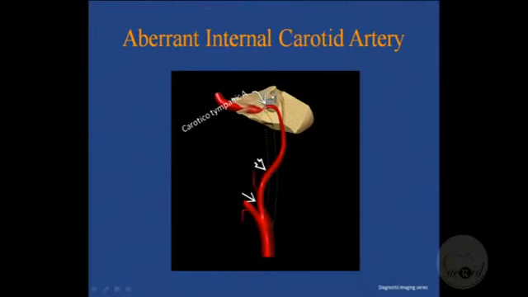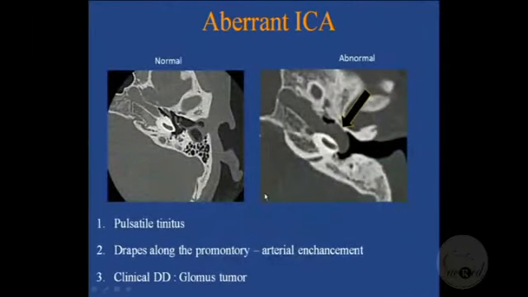That's the carotid canal, which is medial to the basal turn of the cochlea. That's the normal relation. But on the abnormal side, the internal carotid artery goes more laterally and drapes along the basal turn of the cochlea. That's an aberrant ICA. You need to see that relation along the basal turn of the cochlea.